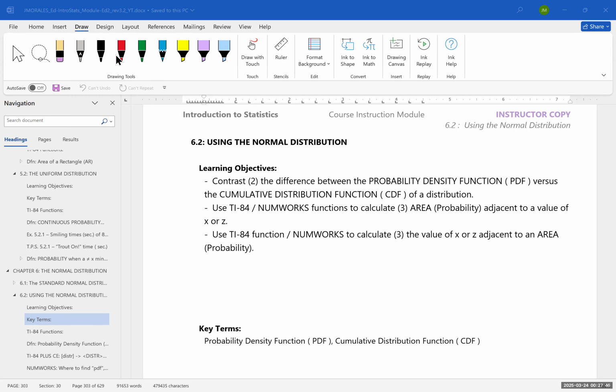All right, so we're going to get started here in section 6.2 using the normal distribution. Now, in the past, we've really been looking at equations algebraically and relying on them pretty much, and we're still going to use them.